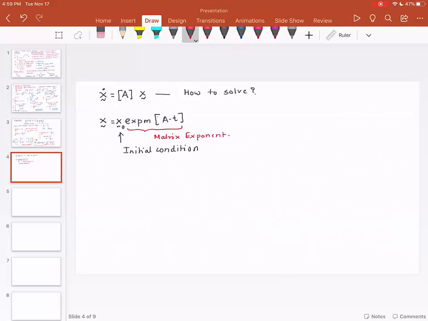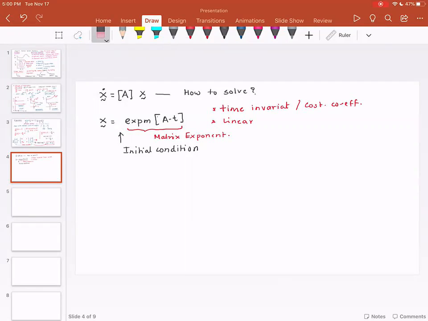So the idea is, if you convert the equation into the first order form, and if it's a time invariant, constant coefficient, linear differential equation, you can use this matrix exponent and solve this system.